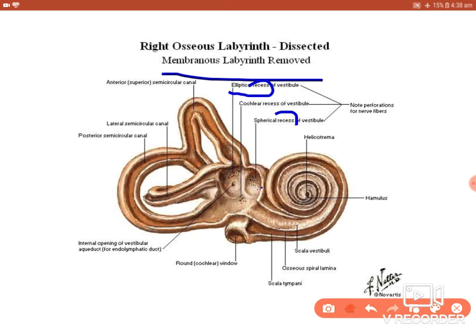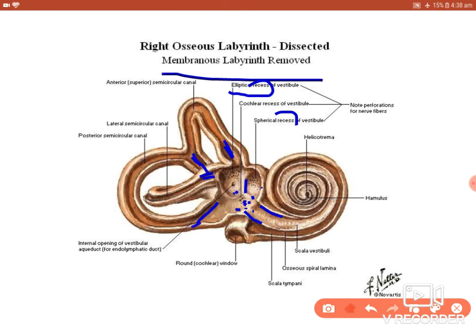Then below the vestibular crest, there is the cochlear recess. Its foramina are for the passing of the cochlear nerve. Then anterior to the vestibule, it relates to the scala vestibuli. Posterior to the vestibule, you can see the openings of the semicircular canals.